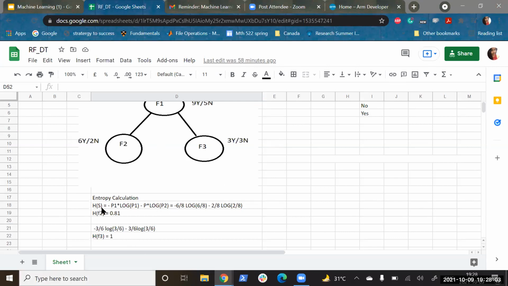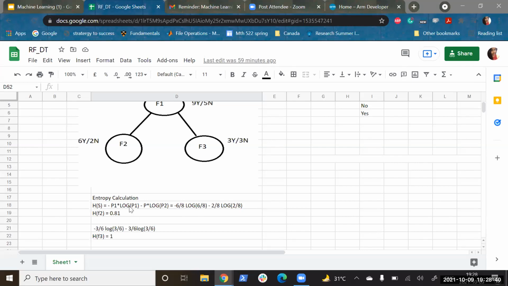So here, H(S) is minus P positive log of P1, and then we go for P2 and log of P2. For P1, we calculate how many positive values we have, positive being yes. We have 6, and the total number of outputs here is 6 plus 2, 8. So we do minus 6 by 8 log of 6 by 8.